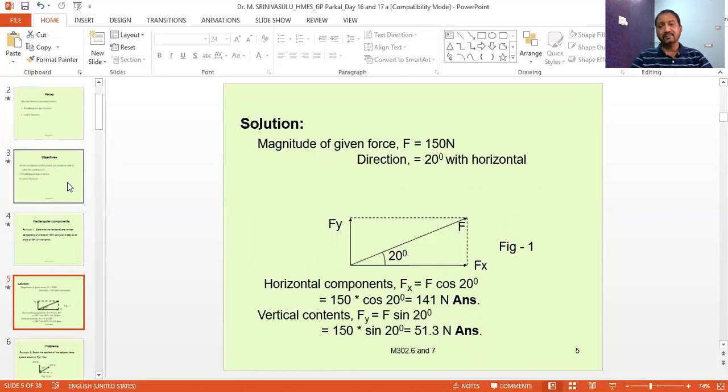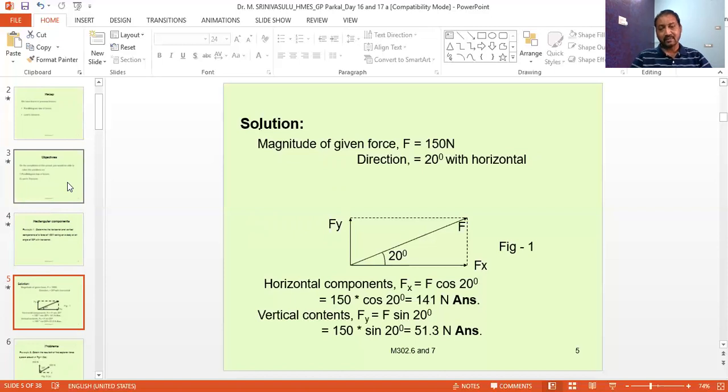So in the equation we should always consider the angle only with the horizontal. In some cases they may give the angle with the vertical also, but in that case we have to convert it to the angle with the horizontal. However, in this problem they have given the angle with the horizontal, that is 20 degrees.